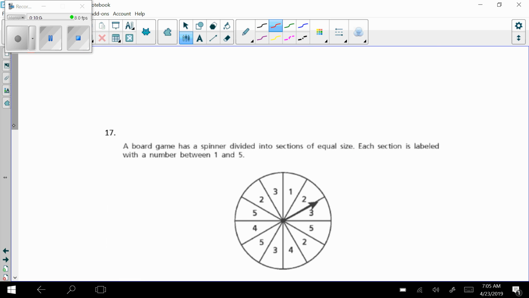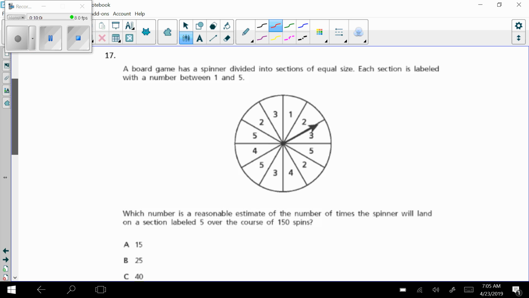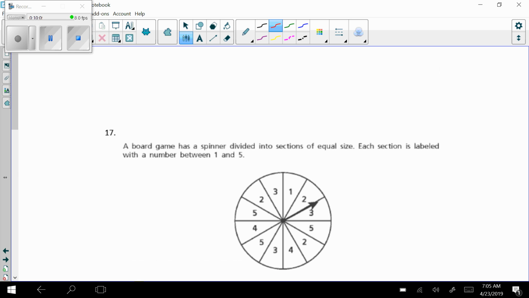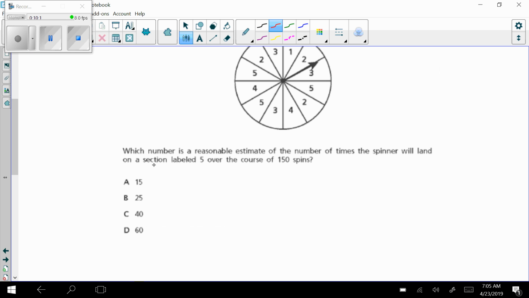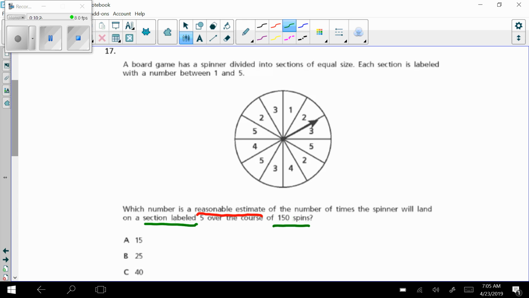All right, and then there's 17. Last one here. You notice this one was a little bit longer. Which number is a reasonable estimate? We've had trouble throughout the course of the year with this idea of the reasonable estimate because the answer doesn't come out to be exact. We want to land on the section labeled 5 over a course of 150 spins. So you start off with, well, how many 5s are there?